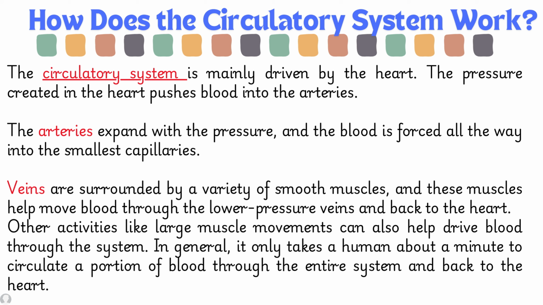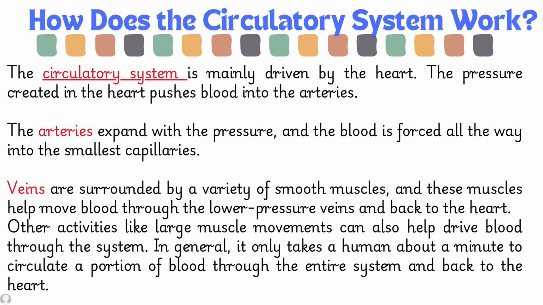How does the circulatory system work? The circulatory system is mainly driven by the heart. The pressure created in the heart pushes blood into the arteries. The arteries expand with the pressure and the blood is forced all the way into the smallest capillaries.